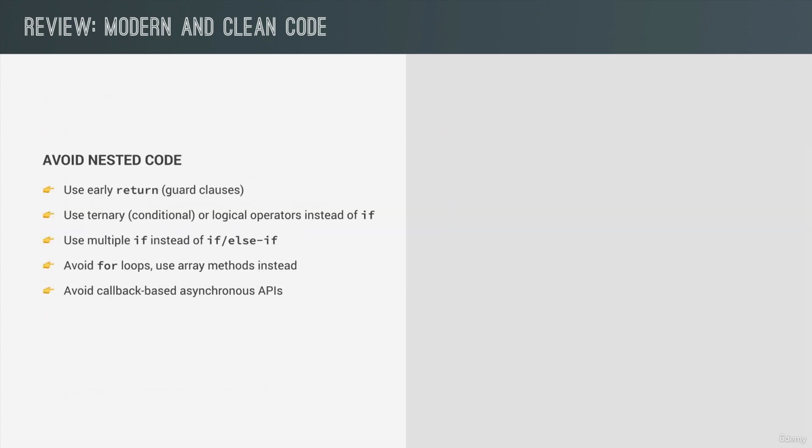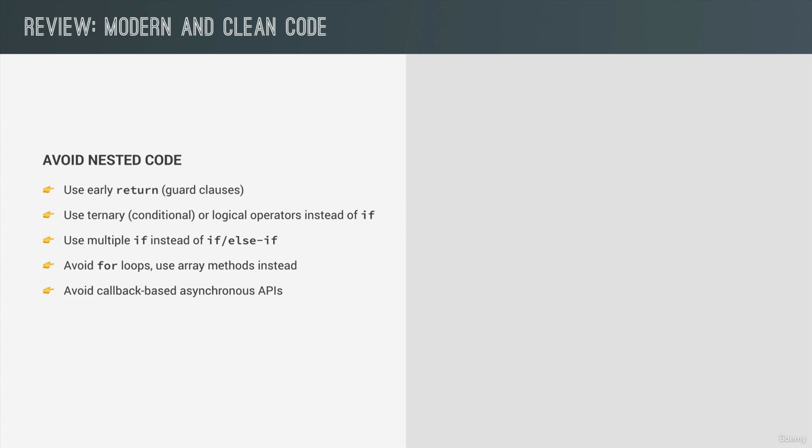Okay. Next up, let's talk about avoiding nested code. Writing nested code, which basically means writing code inside of blocks, inside of other blocks, is really, really bad for readable code. And so we should avoid nested code at all costs. One great way of avoiding nested code is to use guard clauses, as we have been doing over the last couple of sections, right?